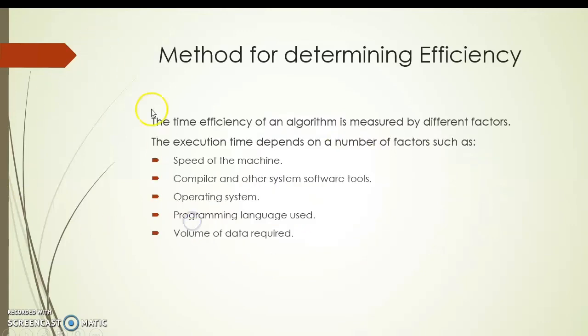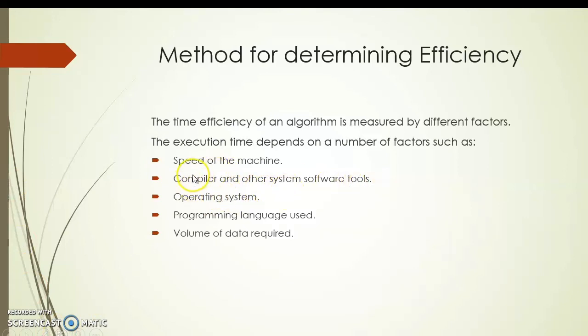Okay, the method for determining efficiency. How can we define efficiency? The efficiency can be determined using these methods. The time efficiency of an algorithm is measured by different factors. The execution time depends on a number of factors such as the speed of the machine, how fast a machine can work, and the compiler and other system software tools.